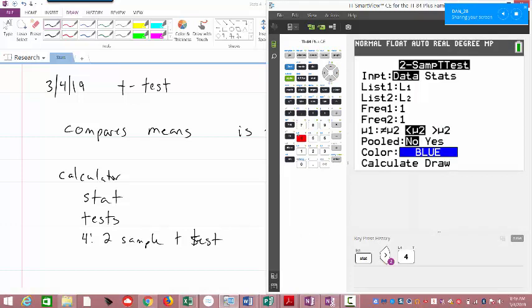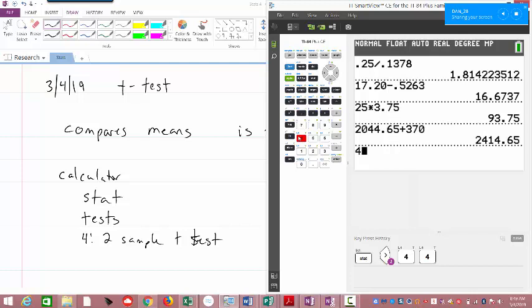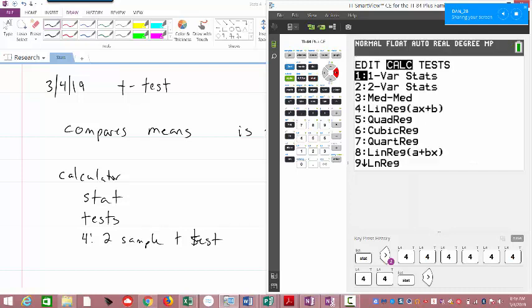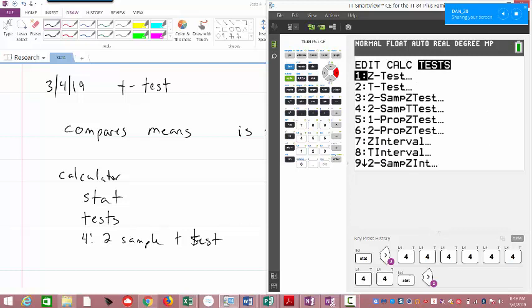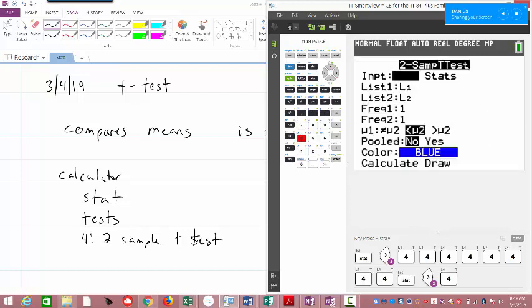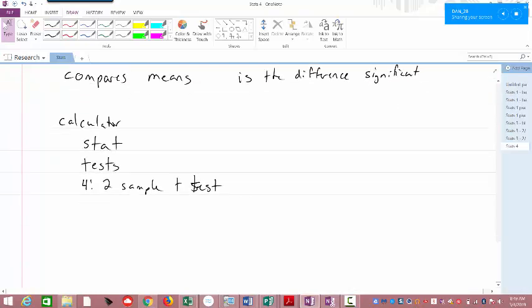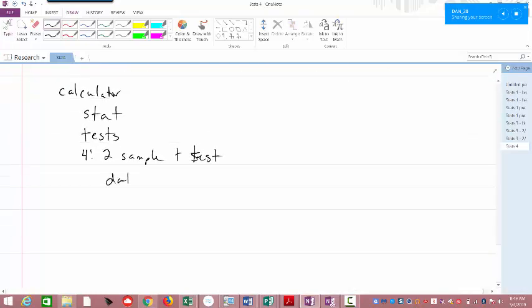Okay, now do you see where it says input? Under there, do you see how it says data or it says stats? You can choose from data and stats.